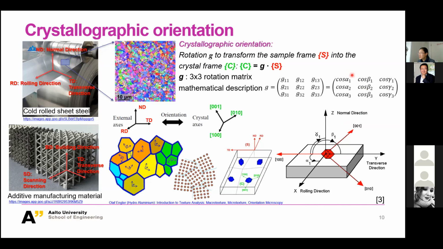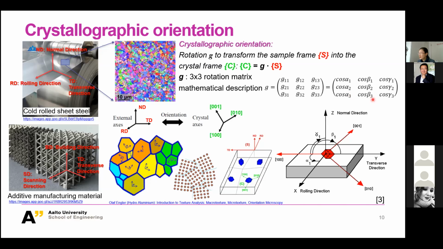Here, alpha 1, beta 1, gamma 1 are the rotation angles between the crystal axis 1, 0, 0 and the 3 sample axes, the x, y, and z. For cold rolled sheet, they are RD, TD, and ND. Then alpha 2, beta 2, gamma 2 are the angles between the crystal axis y, the 0, 1, 0, and these 3 sample coordinates.